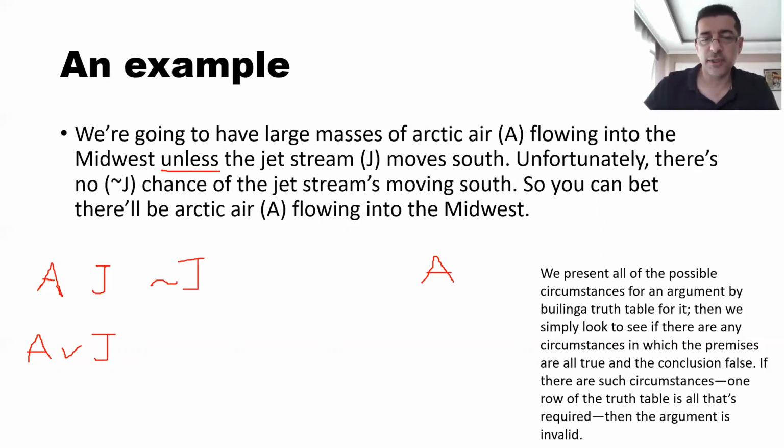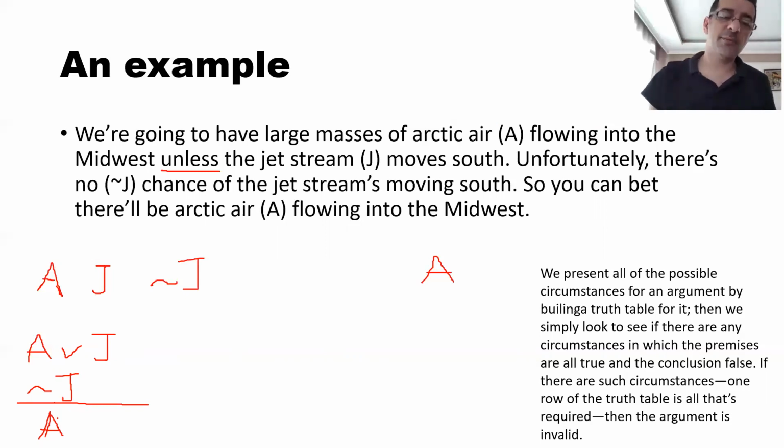Then it says, unfortunately, there is no chance of the jet stream moving south. So no jet stream moving south. Therefore, we are going to stick with this Arctic air, right? So that is A. Sorry. So this is my argument, and I'm going to write it.